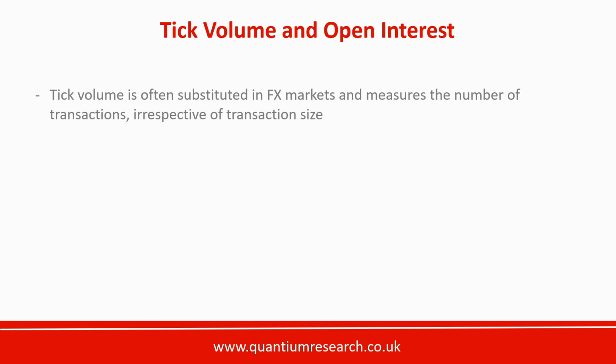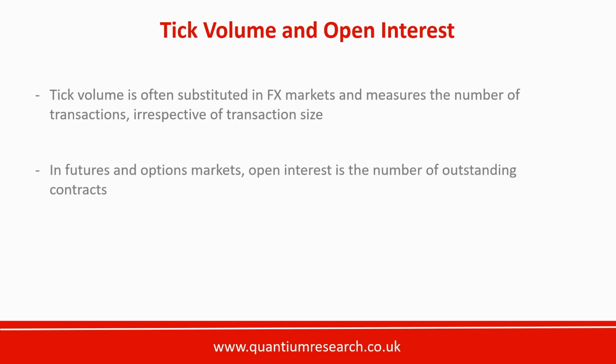So with tick volume, a transaction worth £100 would be counted just the same as a transaction worth 100 million, because it's about the number of transactions rather than the total size traded. It's often substituted in FX markets, where standard volume data is not available.